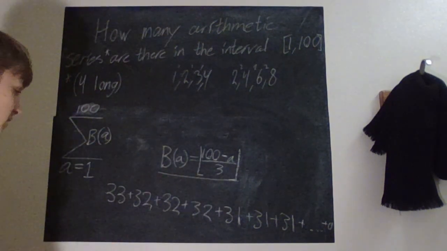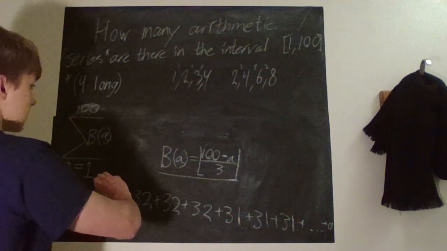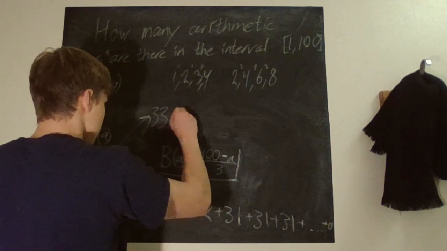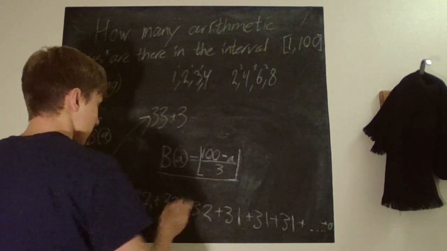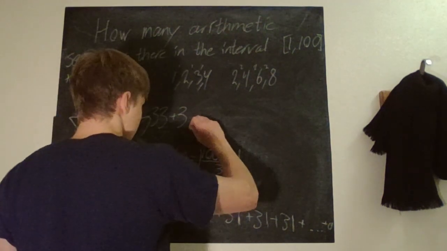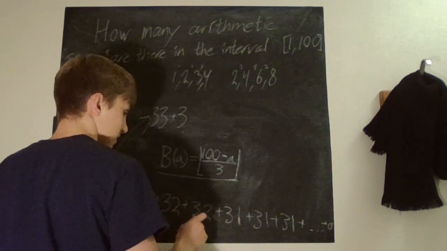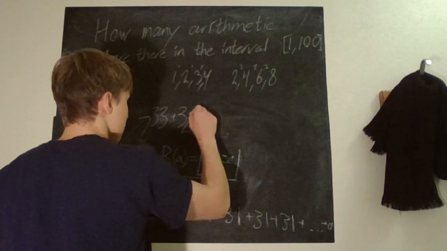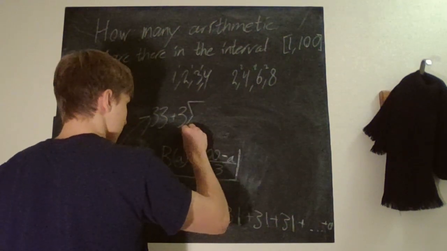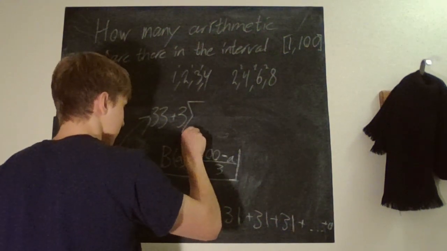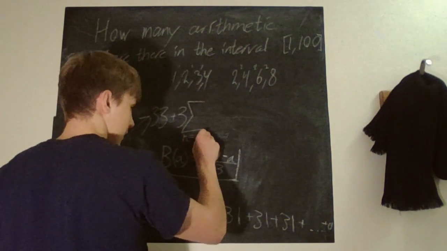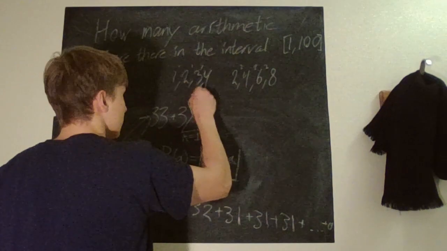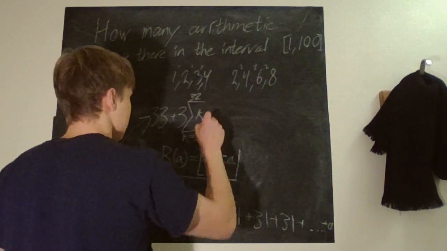So what is this? We can rewrite this. The 33 is alone, but all the other ones we have triples of. So we can say it's 3 times, and we have everything up to 32. So it's 3 times the sum of dummy variable k going from 0 or 1, it doesn't matter, up to 32 of just k.